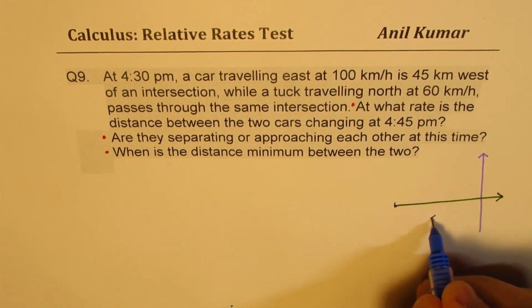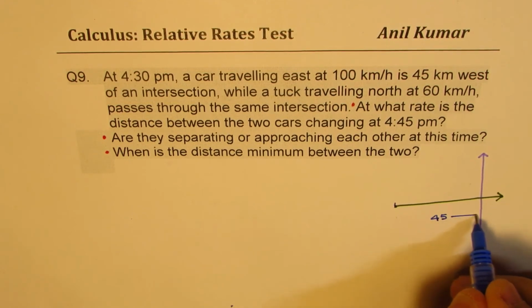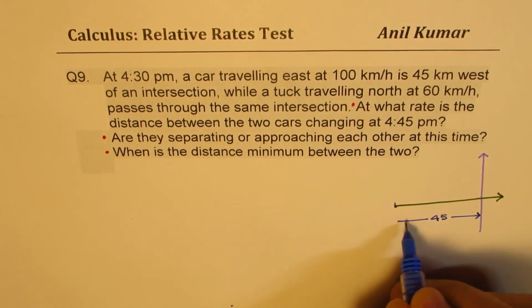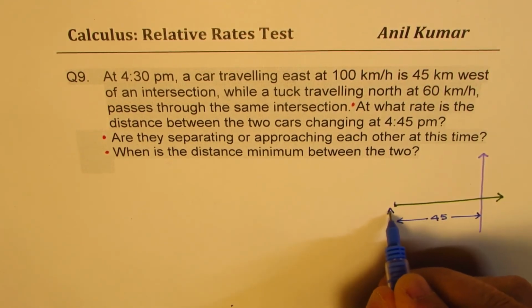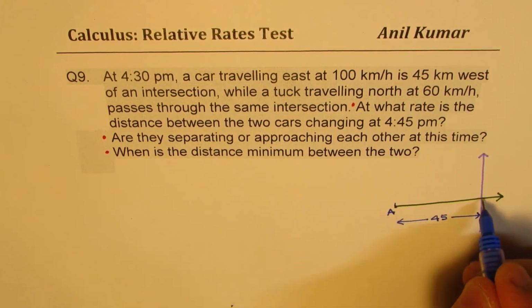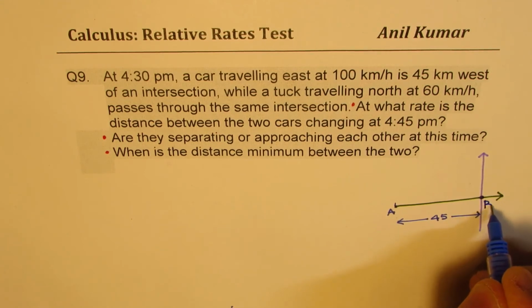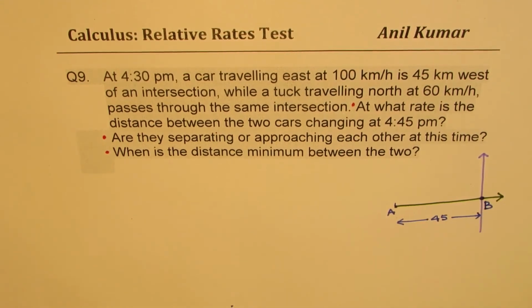So the total distance here is 45 kilometers from the initial position. Let's call this position A. At this time, the truck is here, right? Let's call this B. So that is the instant.